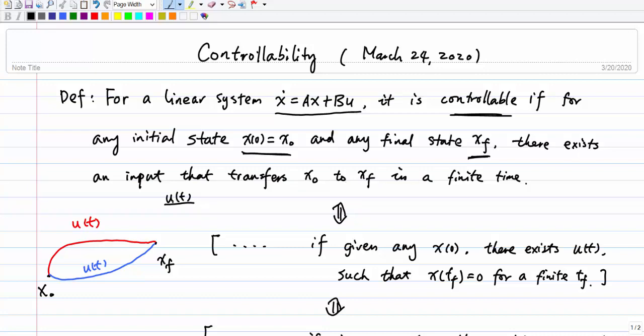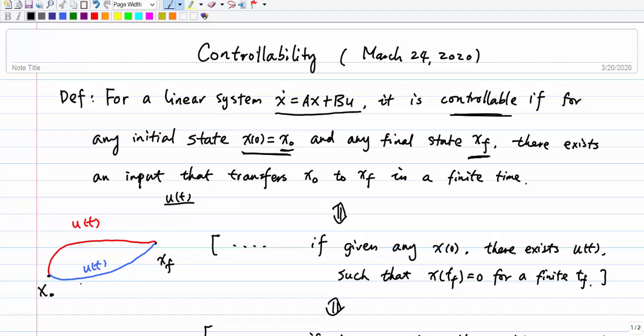Which means that by using the input we designed, it can drive the state of the linear system from x0 to xf. This picture shows an example of what this means physically.